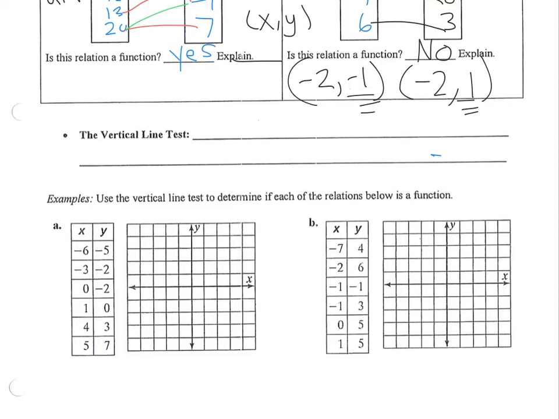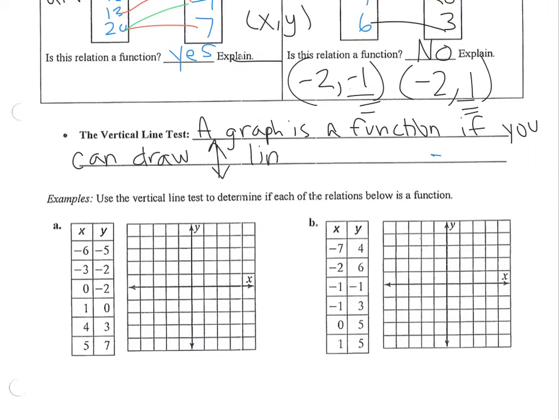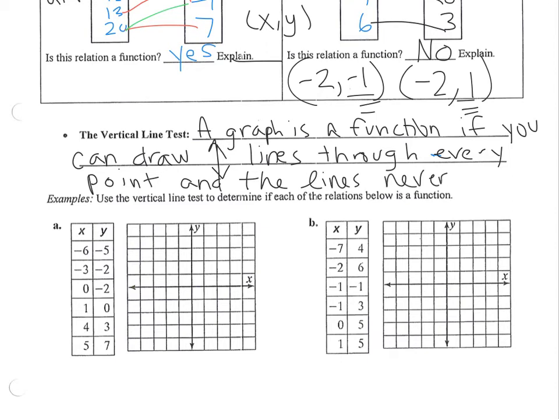So a graph is a function if you can draw vertical lines, so vertical goes up and down, through every point and the lines never hit 2 points at the same time.